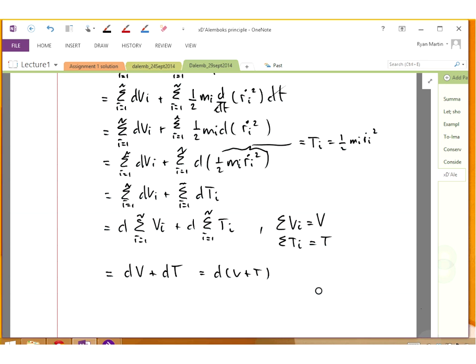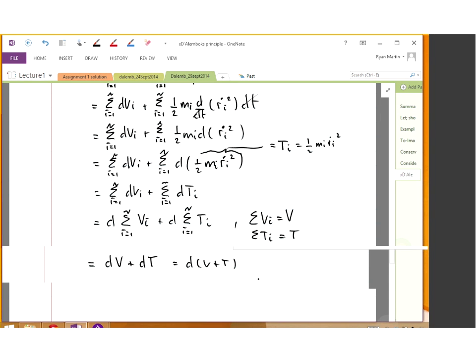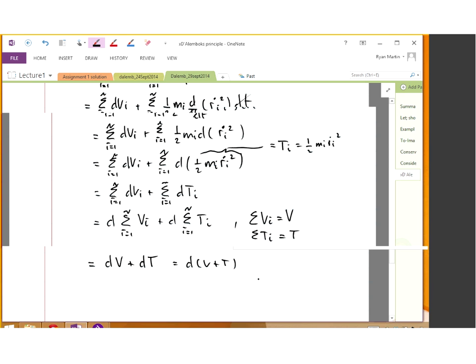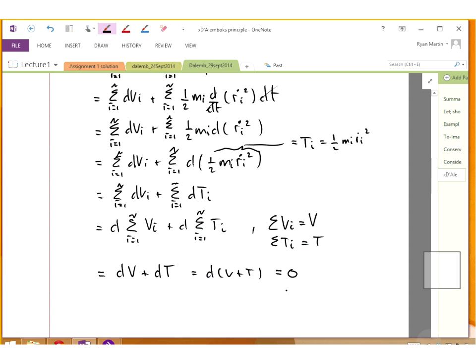So this is D'Alembert's principle, right? The total virtual work, which we just calculated in a different way for the specific scleronomic case where the potential does not depend on time, still has to equal 0. If the differential of something equals 0, that means the something is constant.